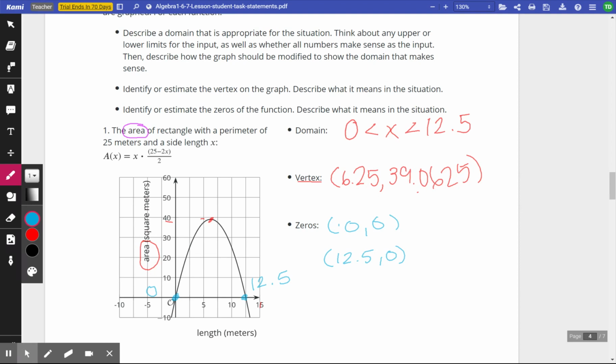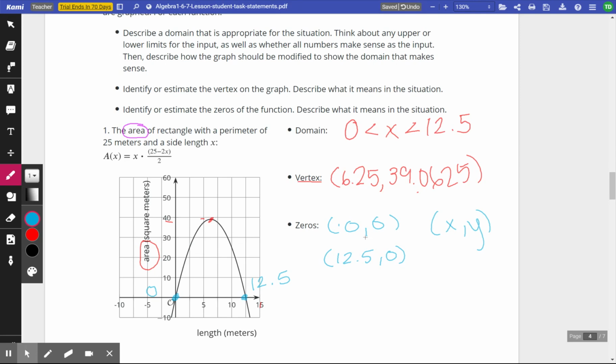And what do the zeros mean? Remember that all of these coordinates are x, comma, y. So what that tells us is when x is 0, y is 0. And when x is 12.5, y is 0.